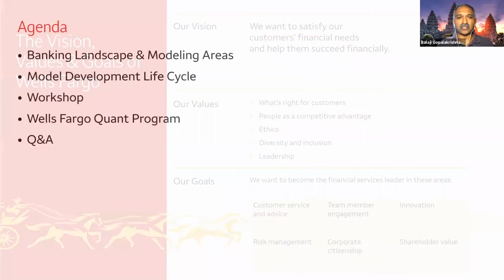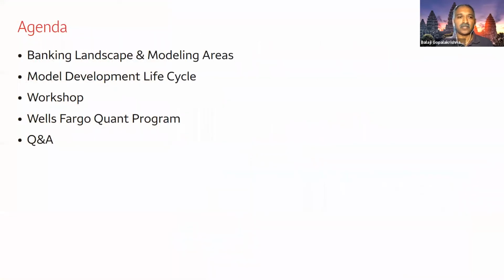In terms of the agenda for today, I will spend some time talking about the banking landscape. I'm sure some of you are familiar with what a bank does, but some others may not be, so to ground the topic I'll talk a little about banking itself. Then I'll talk at a slightly higher level about some of the broad modeling areas in banks.